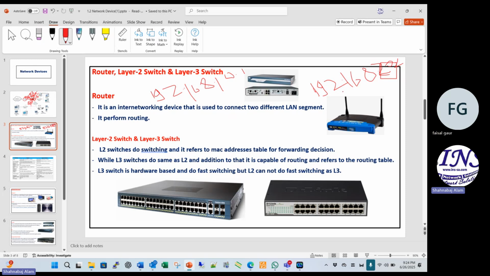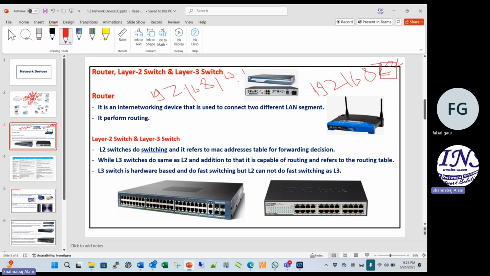So both IP configurations should be there. Where will we configure it, which location? So we require the router. Without a router, we cannot perform the routing configuration. You understand? Yes. So we need two different IPs.